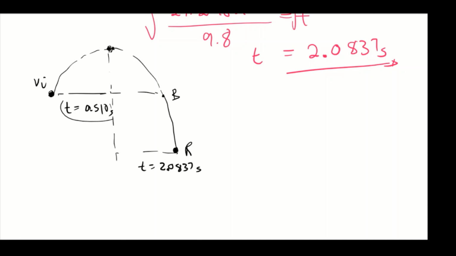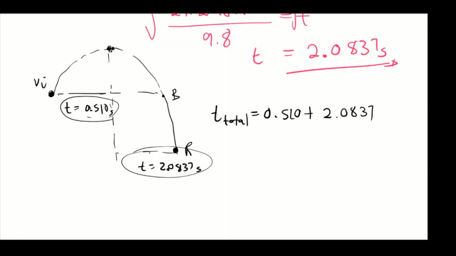T total is equal to 0.510 plus 2.0837. Then we're going to get 2.59 seconds.